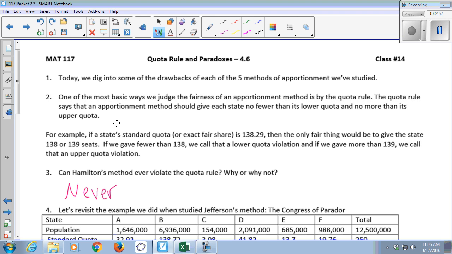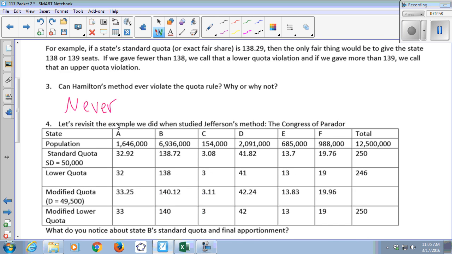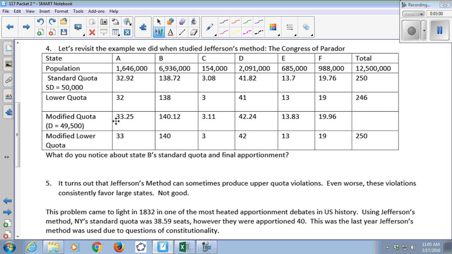Okay, but we have 4 other methods here. Hamilton's method is good with the quota rule. Let's look at the 4 other methods. This is an example we've already done where we calculated the apportionment for the Congress of Peridor using Jefferson's method. We're not going to do it all out again. I just have the results here.